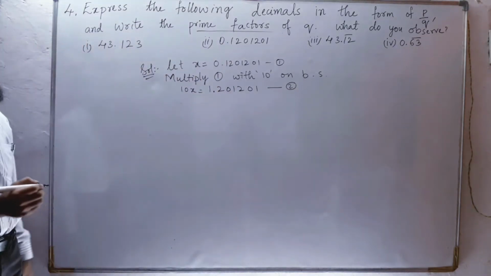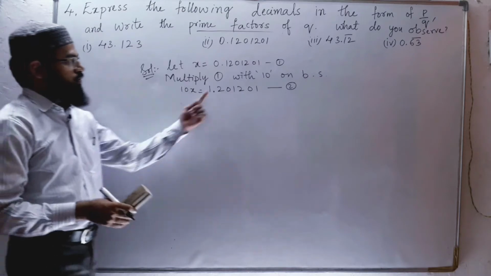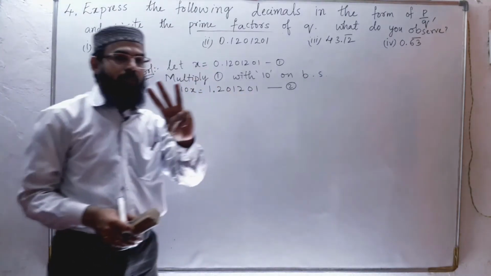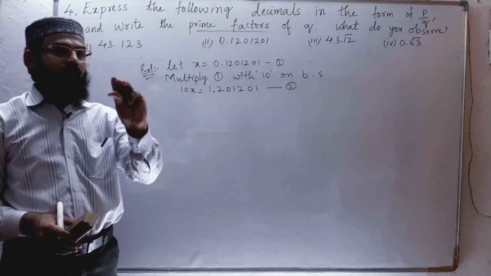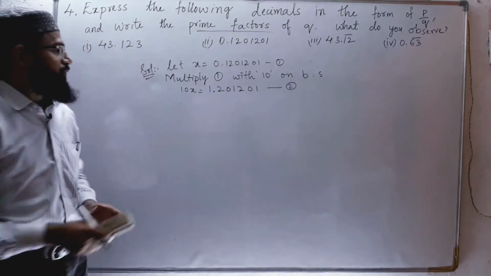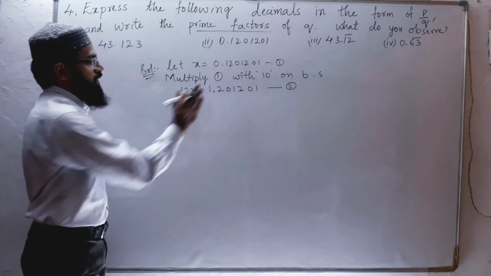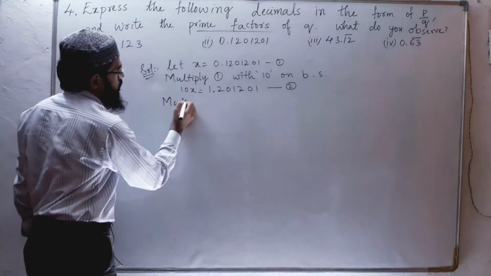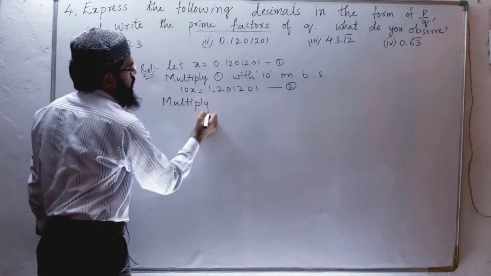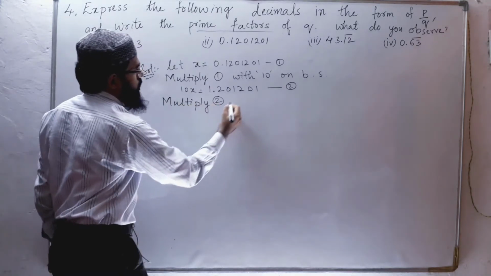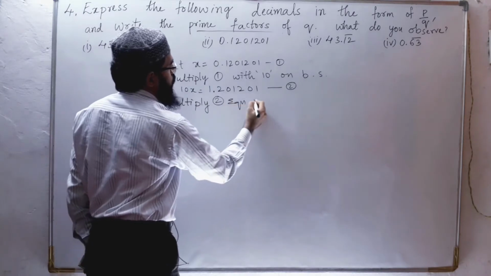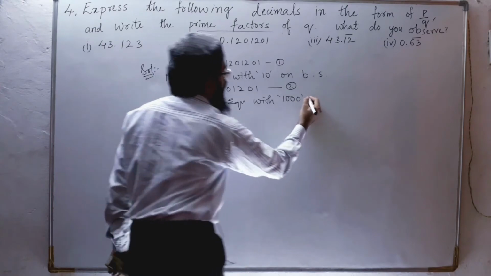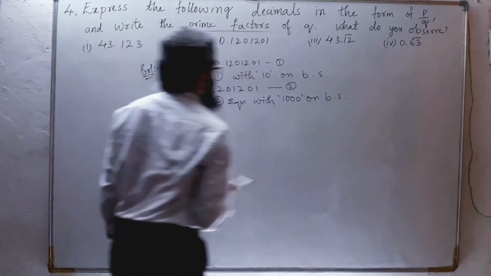Now, as you can see, 201 is repeating, so it has 3 digits. So we need a number which has 3 zeros, that is 1000. So we will multiply the second equation with 1000 on both sides.